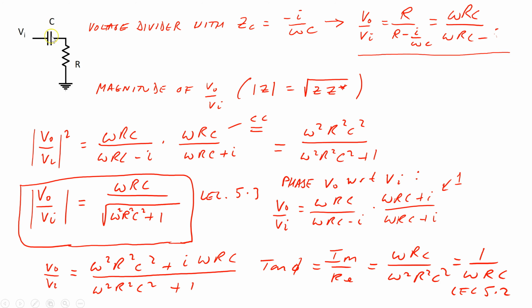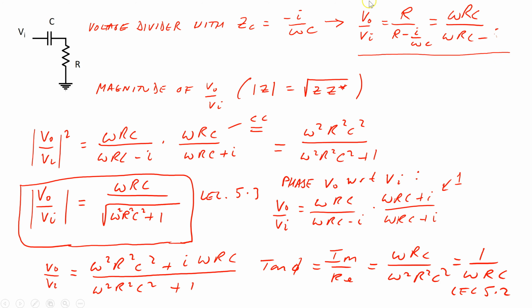And so writing the output voltage as the current through this resistor times this resistance in ratio to the applied voltage, which would be the current through this impedance times that impedance plus the current through this resistance times that resistance, we have the voltage divider equation giving that V out over V in is R over the sum of these impedances, which is R minus i over omega C, or alternatively omega RC divided by omega RC minus an almost invisible i.